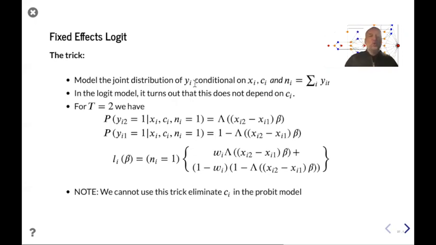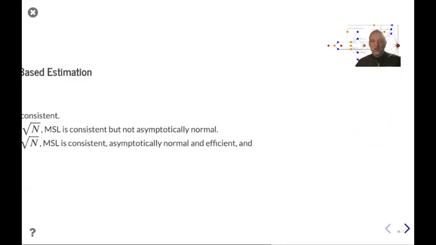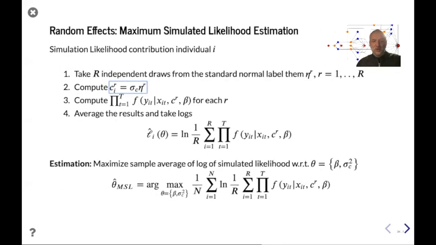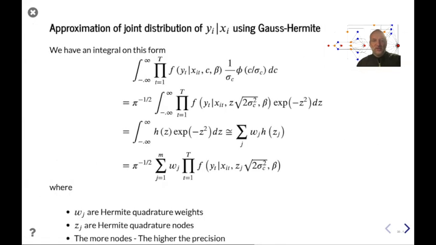So what we do is model the joint distribution of y_i not only conditional on x_i and c, like we've done all the time. Remember, you got that distribution right here. That's what we've been trying to work out all the time, where we have conditioned only on X and C, right?